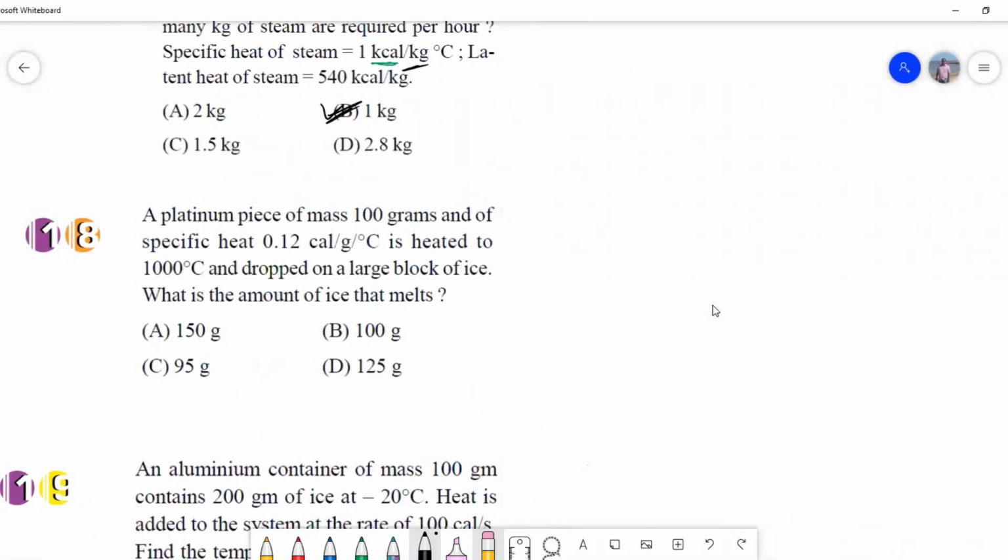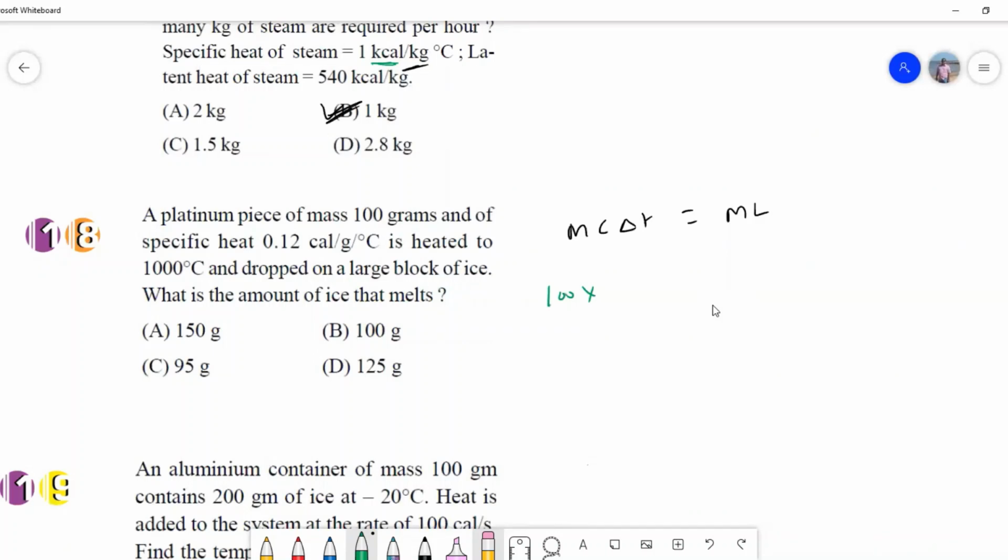Now let's move on to problem number 18. A platinum piece of mass 100 grams and specific heat 0.12 calorie per gram per degree centigrade, heated to 1000 degrees, is dropped on a large block of ice. What is the amount of ice that melts? Very simple. Heat lost by solid is equal to heat gained by ice. What is the mass of platinum? 100.